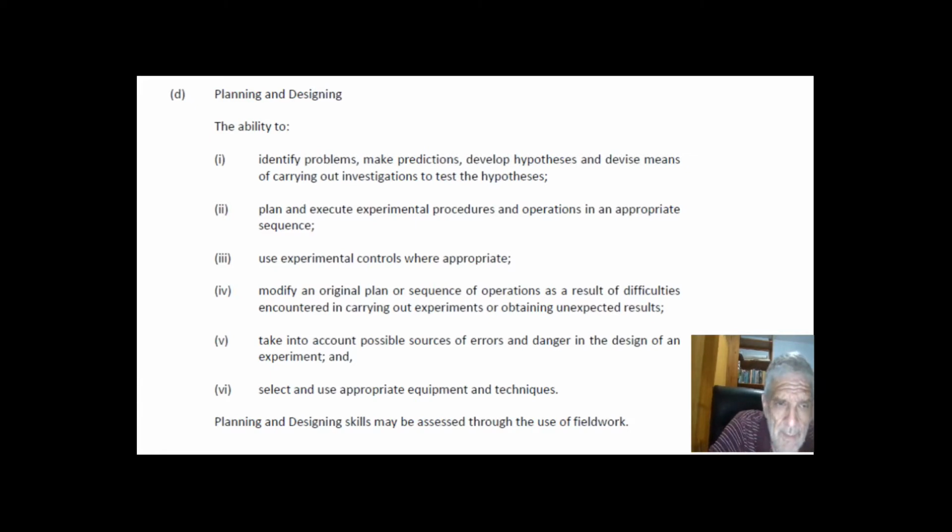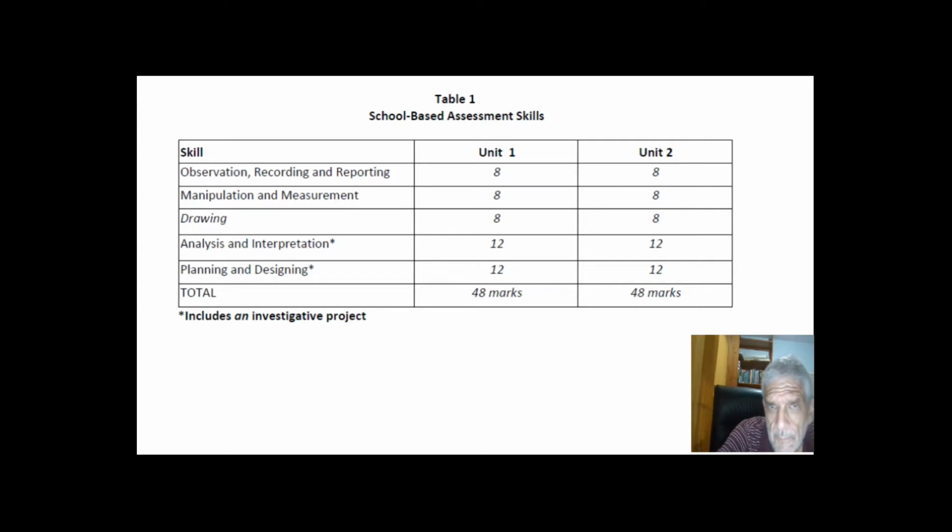P and D, again, we know all of this. And this indicates the marks for the different skills. I notice these 2 are out of 12. And some of the marks come for this part, an investigative project. So we've got to look at this part.